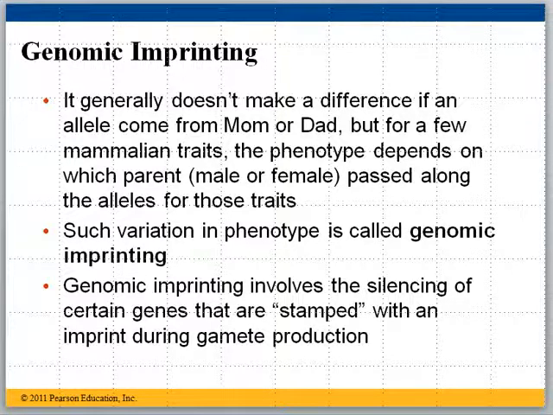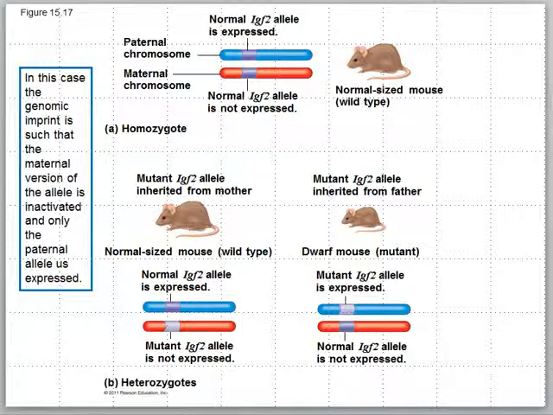So let's take a look at an example. One of the very first genes that was discovered to have this genomic imprinting possibility was a gene in mice, and this was an allele that produced a particular protein. The gene would code for a kind of insulin-like growth hormone, so an insulin-like growth factor. They've called it IGF here in this picture.